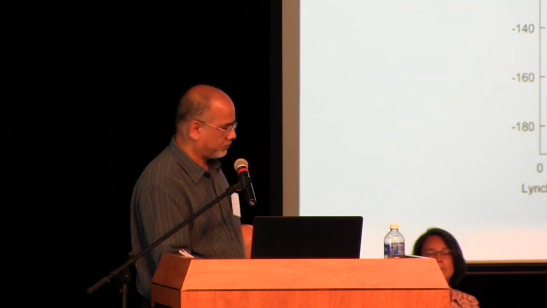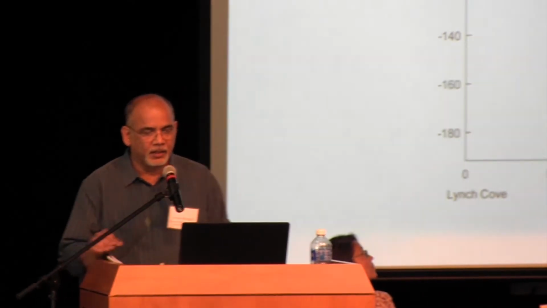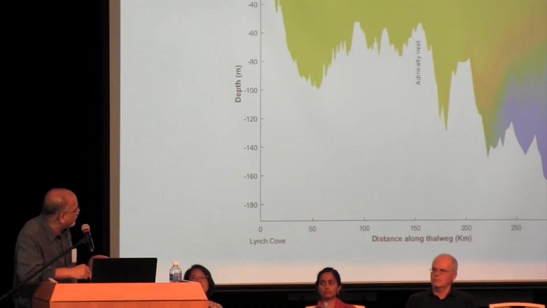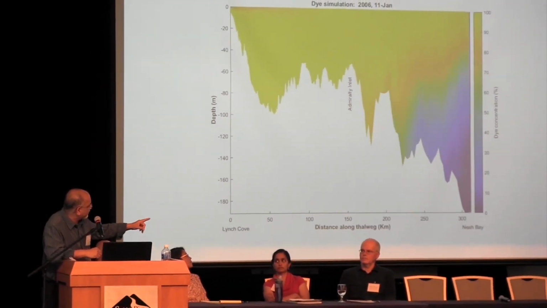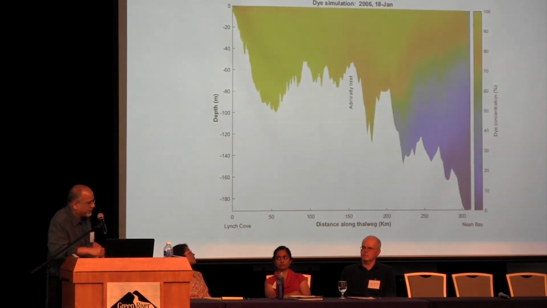To see this, I have a thalweg transect from Lynch Cove all the way to Nia Bay. It's a vertical transect, and I have an animation that shows this. As you can see, on the right is Nia Bay, on the left is Lynch Cove, and the middle is the Admiralty Inlet sill.